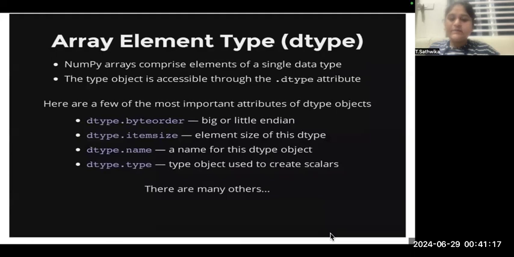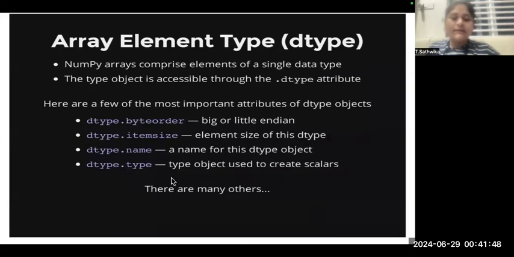Now, array element type, that is dtype. NumPy arrays comprise elements of a single data type, and the type object is accessible through the .dtype attribute. Here are a few of the most important attributes of dtype objects. dtype.byteorder is used to return big or little endian. dtype.itemsize is the element size of this dtype. dtype.name is a name for this dtype object.